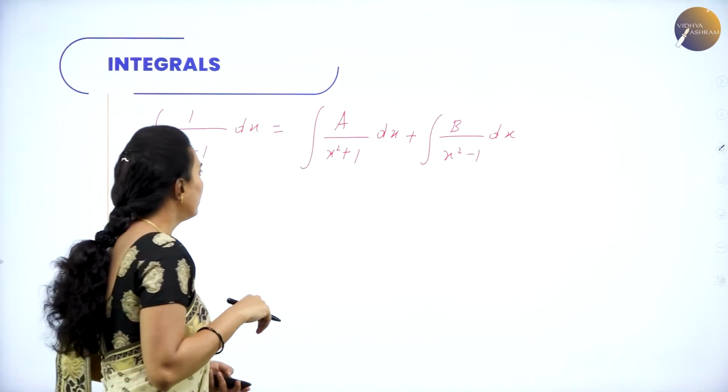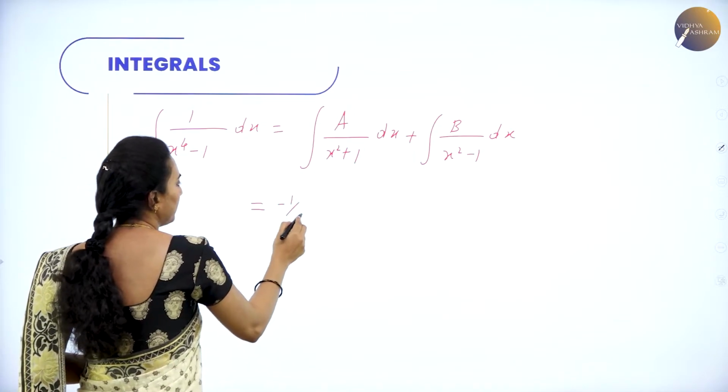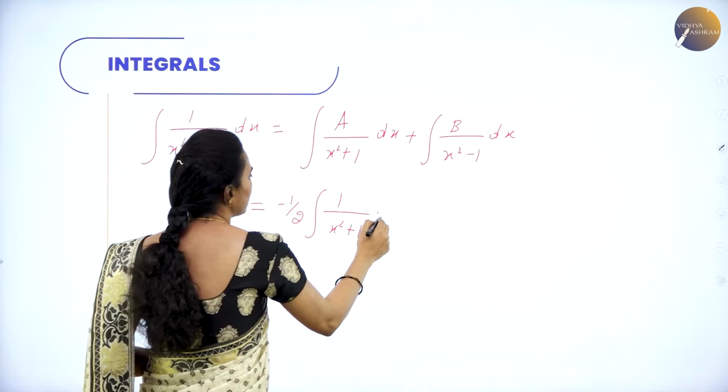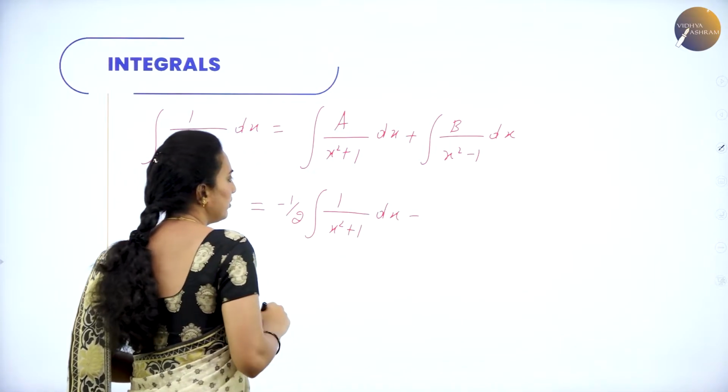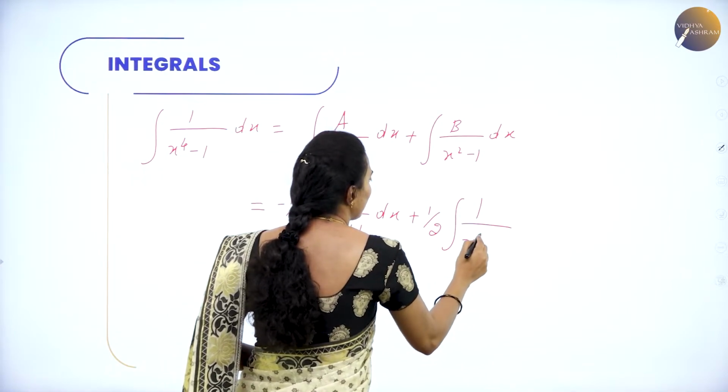Right? So a value is nothing but minus 1 by 2 integral of 1 over (x squared plus 1) or (1 plus x squared) into dx. The b value is nothing but plus 1 by 2 integral of 1 over (x squared minus 1) into dx.